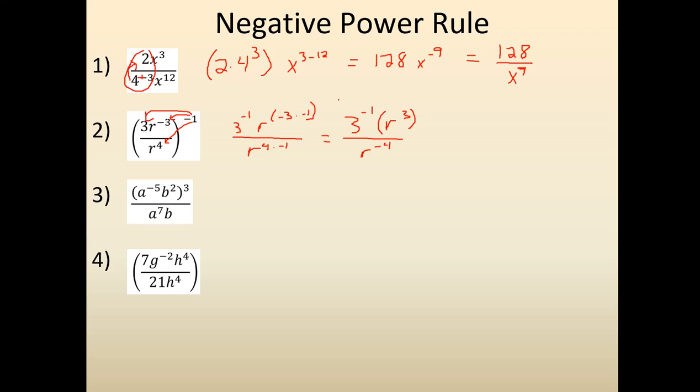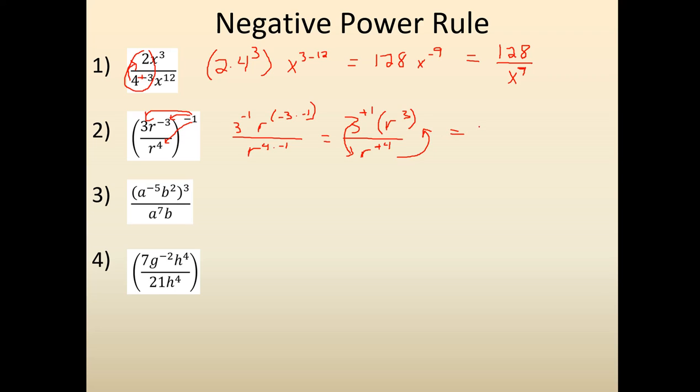Now from here, I can start my negative power rule. So this becomes positive and goes to the denominator. This becomes positive, and this goes into the numerator. Now I don't have to do anything with this anymore because it's positive by being multiplied by that negative 1.